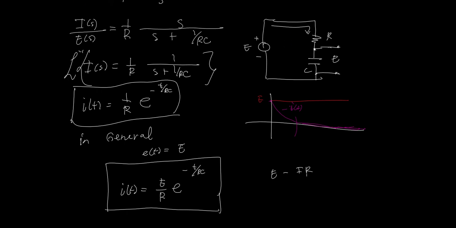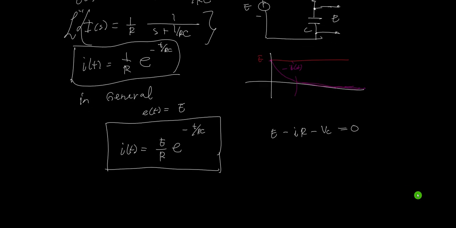I can just change this one into i_s(t). Then this will be i times R, then minus the voltage across the capacitor, V_C. And this should be equal to 0.